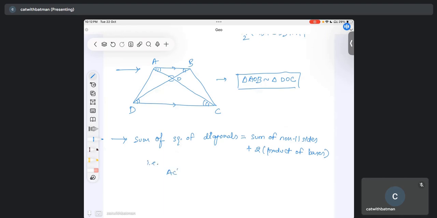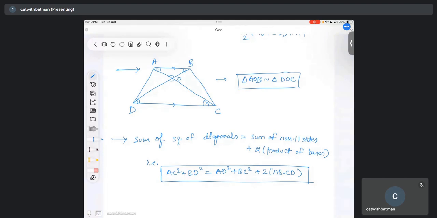That is, AC square plus BD square is equal to AD square plus BC square plus 2 times that of AB and CD. And this is also something that you get. Okay.